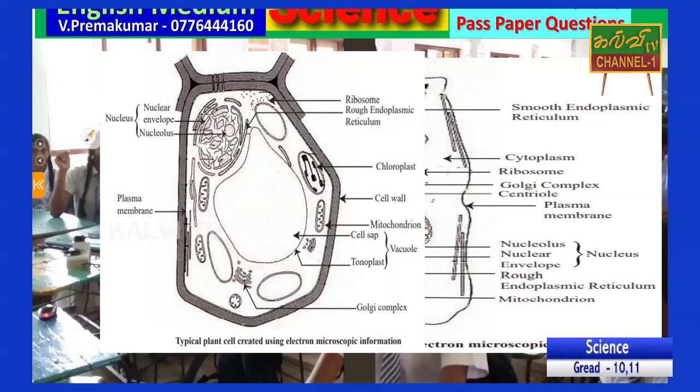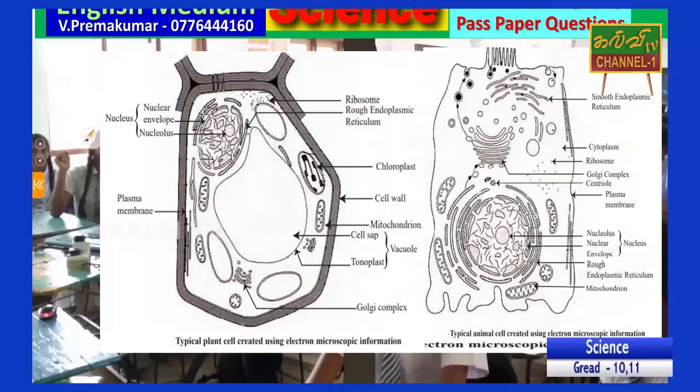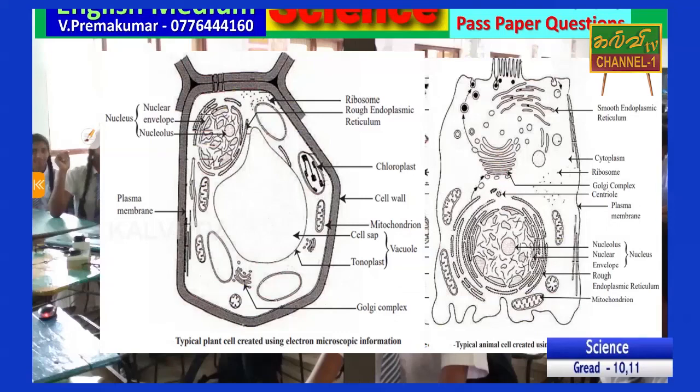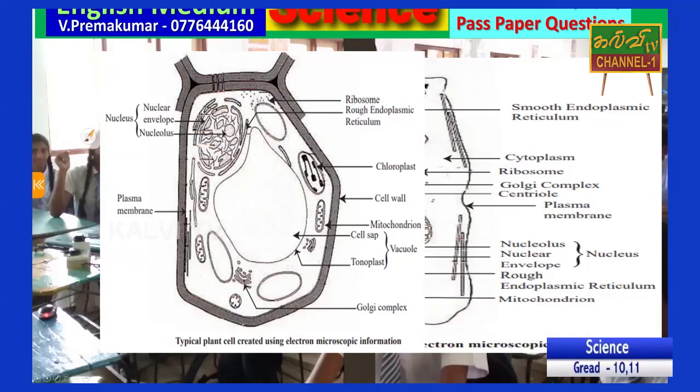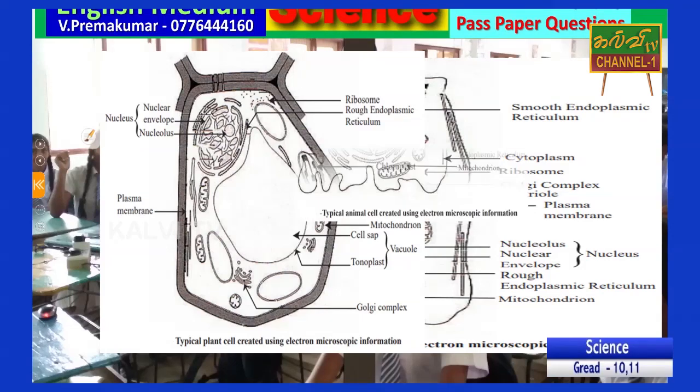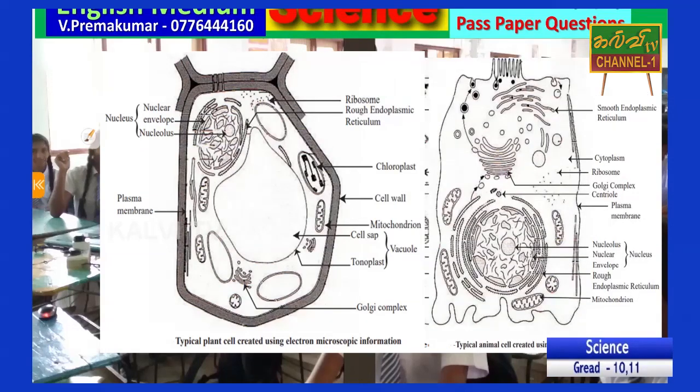Here there are plant cells and animal cells. Plant cells and animal cells, chloroplast.